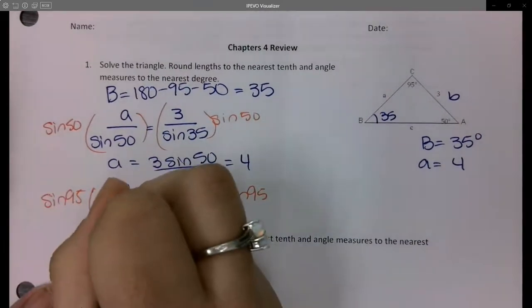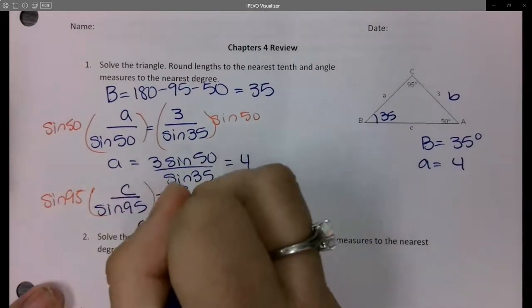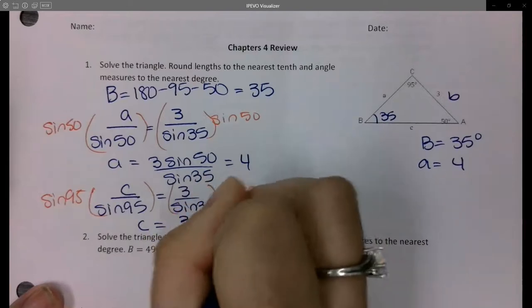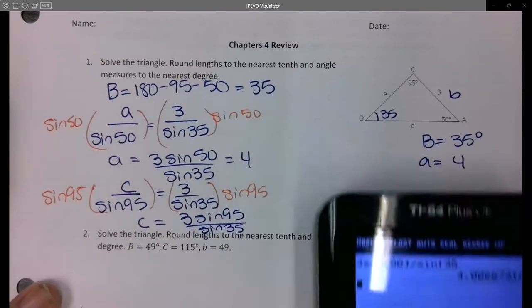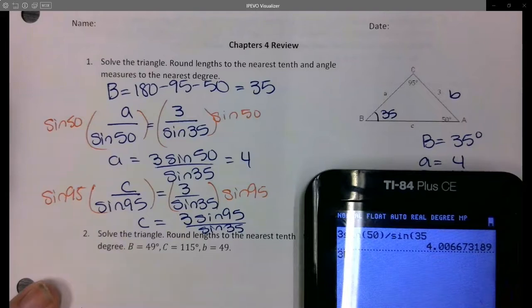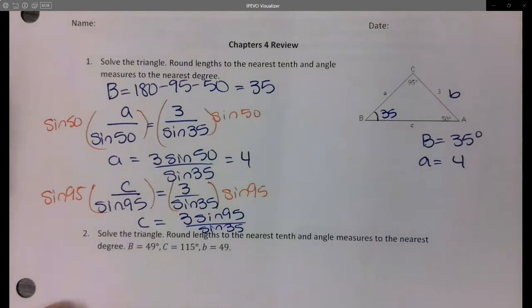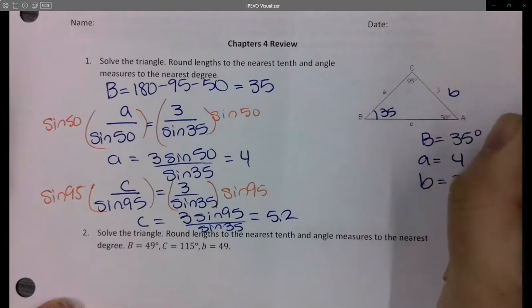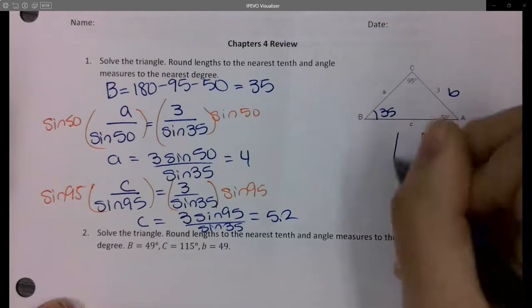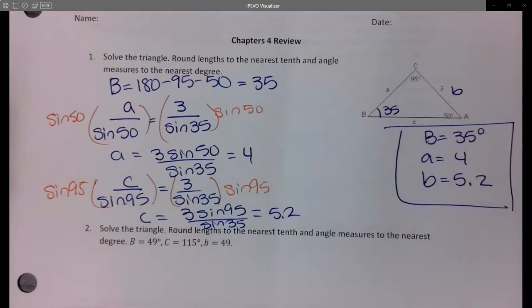This is going to get me C on the left, and 3 sine of 95 over sine of 35. So then I can type that into the calculator. Which gets me 5.2. So those are my answers for number 1.